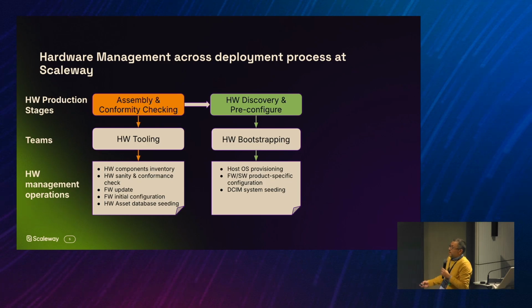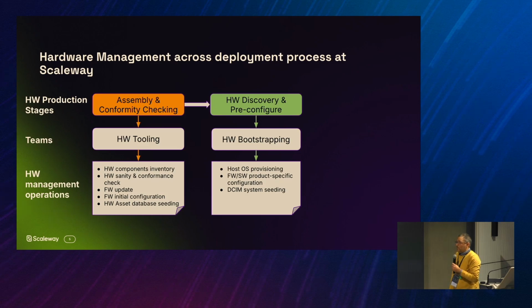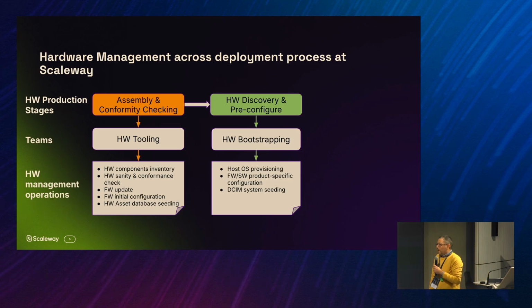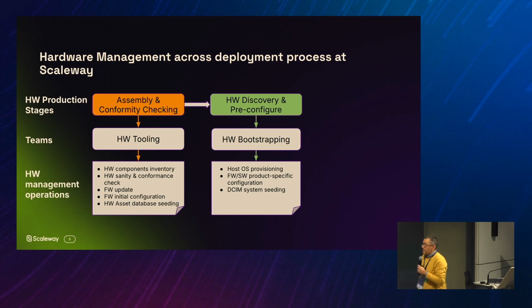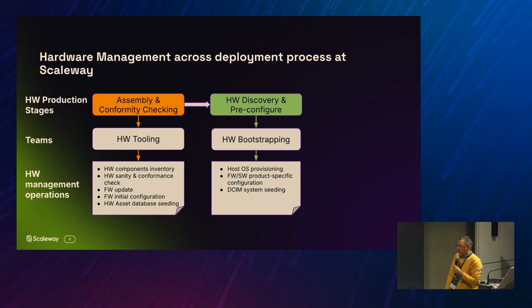This stage is about discovery and pre-configuration, which means provisioning of the host operating system and fine-tuning the firmware configuration with specific settings required by the teams that will operate the hardware next. It's also about DCIM system seeding.